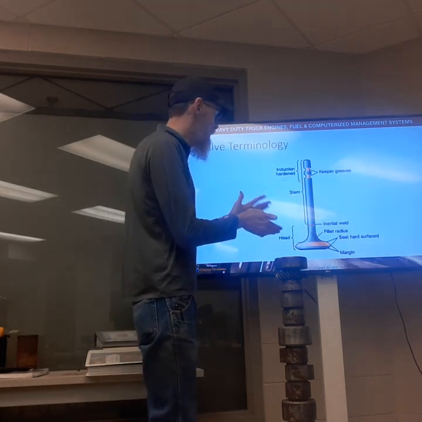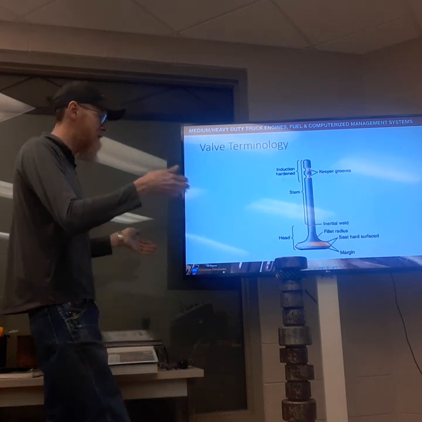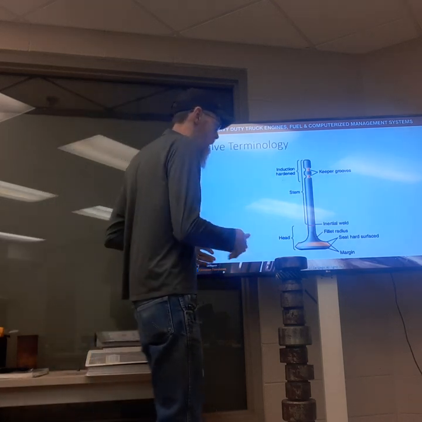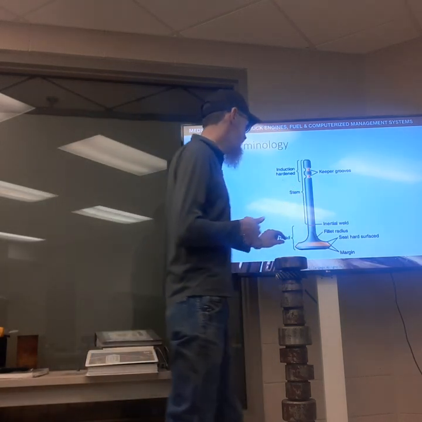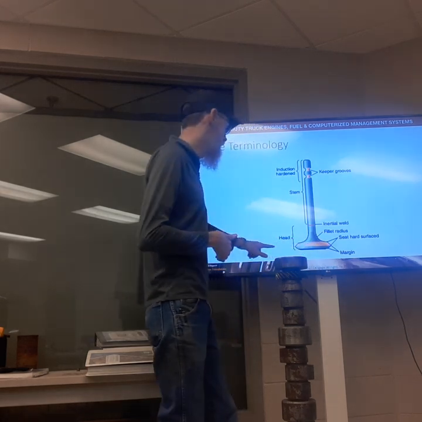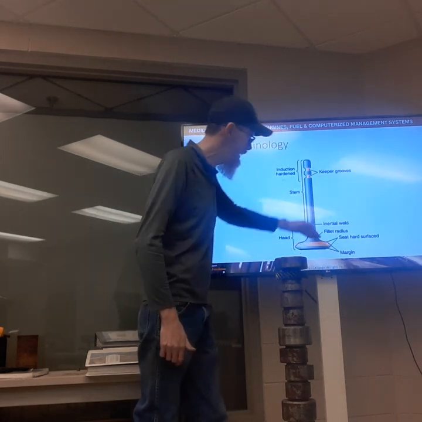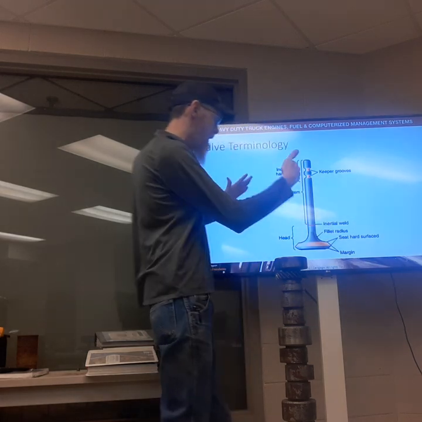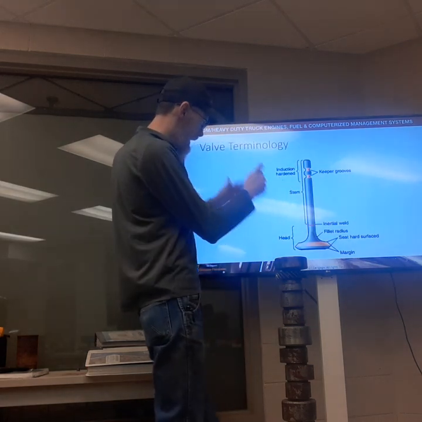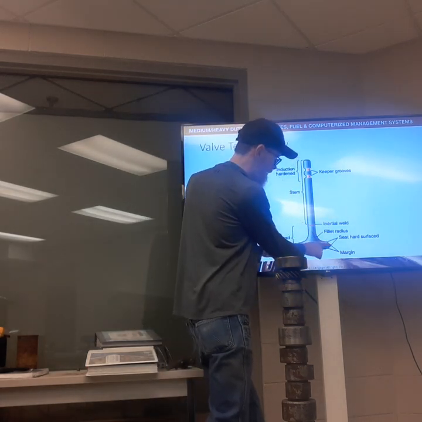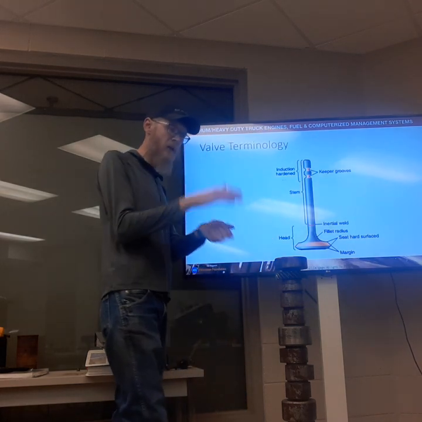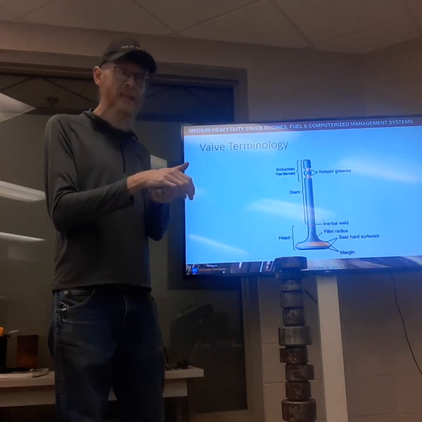The seat area is a hardened surface, and it is cut at an angle, and that particular part of this valve is what actually comes in contact with the valve seat.